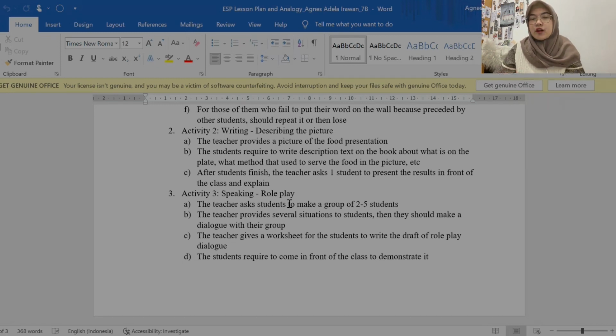Then they should make a dialogue with their groups, and the teacher gives a worksheet to every group for students to write a draft of the role play dialogue. And then the last, the students are required to come in front of the classroom to demonstrate what they already discussed in their groups.